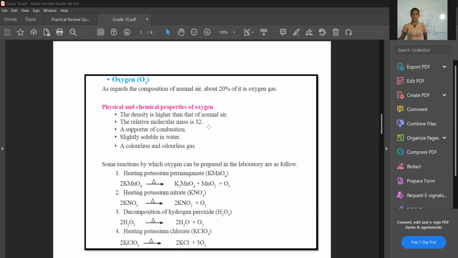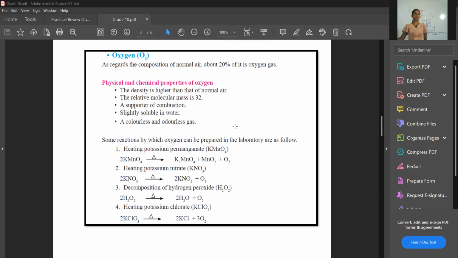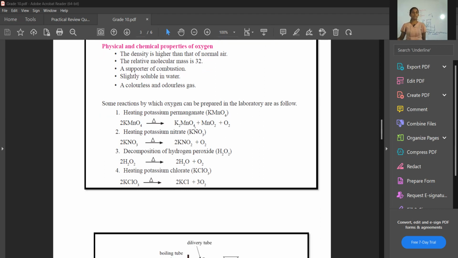And also, same as hydrogen, oxygen is colorless and odorless. Here you are given the methods that we can use to prepare oxygen gas. The most common one that we use in the lab is what? The first one, heating potassium permanganate.